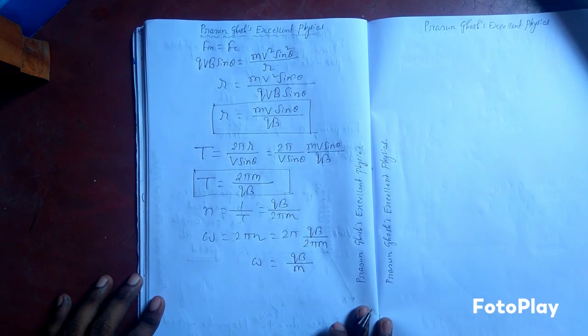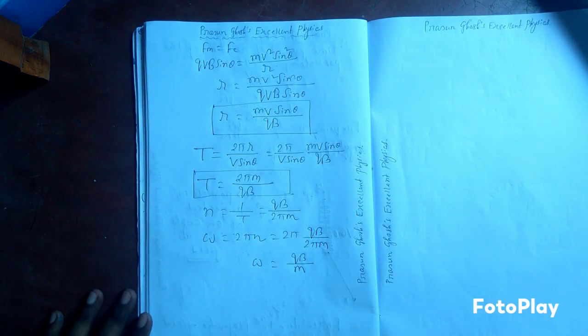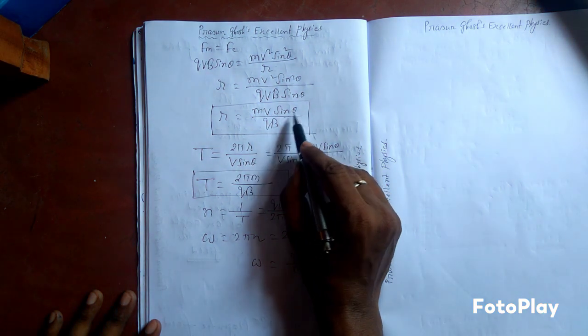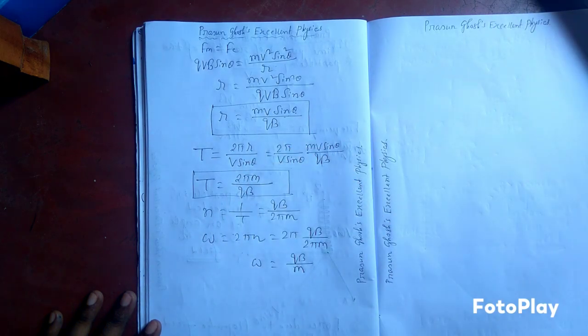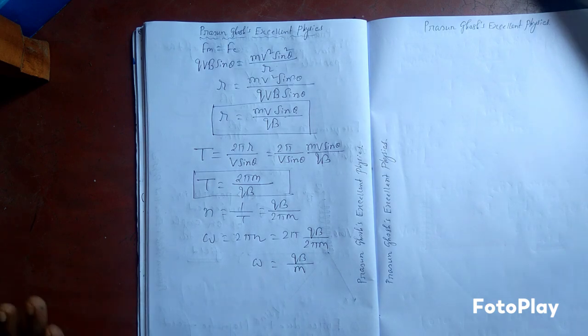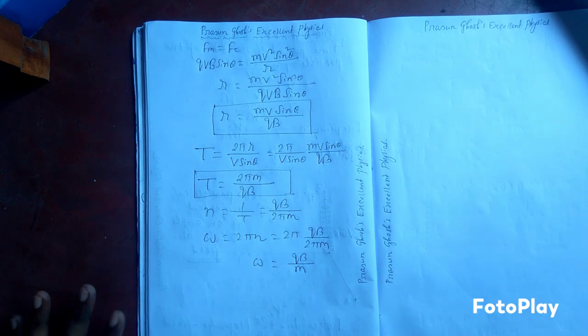So when the particle is projected at angle 90 degree, then this part will be 1, so r is mv by qB. T, n and omega are the same whether it is projected at an angle pi by 2 or an angle theta.